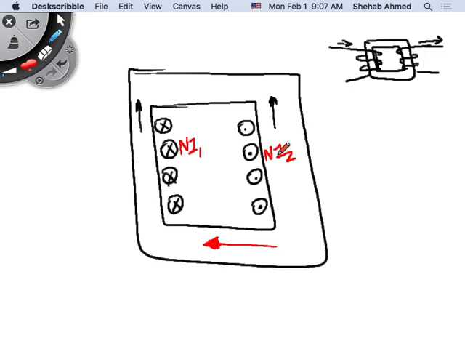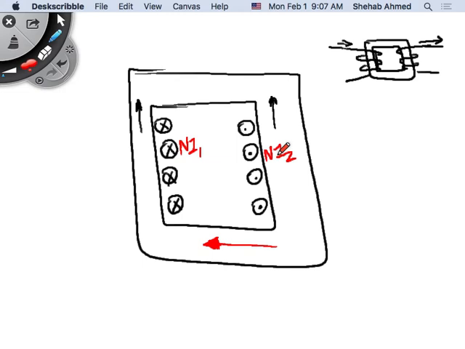Ideally, for an ideal transformer, if the transformer is lossless, they should be equal, right? If I have the same number of turns primary and the same number of turns secondary, that means current coming in will equal current coming out. This is a lossless transformer. Do we agree?